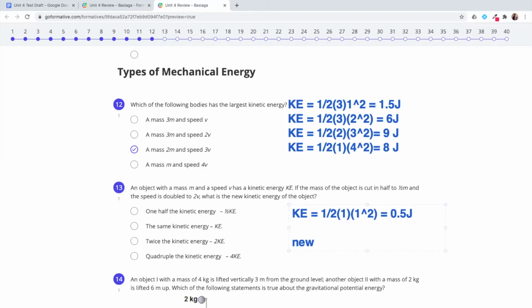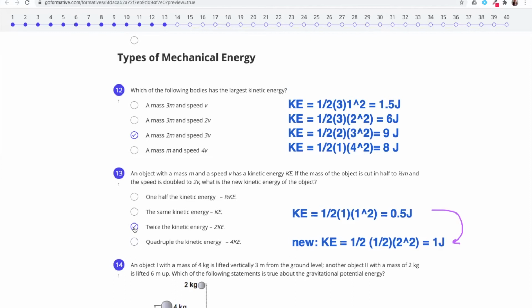The new kinetic energy then would be 1/2 times 1/2, and the speed is 2 squared. This increases the kinetic energy to 1 joule. So in this case, it doubles the kinetic energy from 0.5 to 1. And since it doubles the kinetic energy, then we can say that it is increasing. It has twice the original kinetic energy.